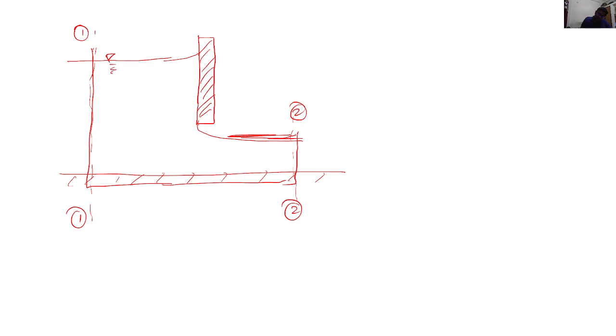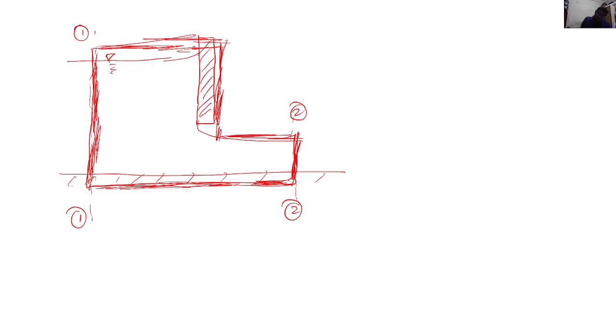So this is the control volume which I am taking. I'm trying to make it a bit bolder just for a good visual representation. So this is the control volume.